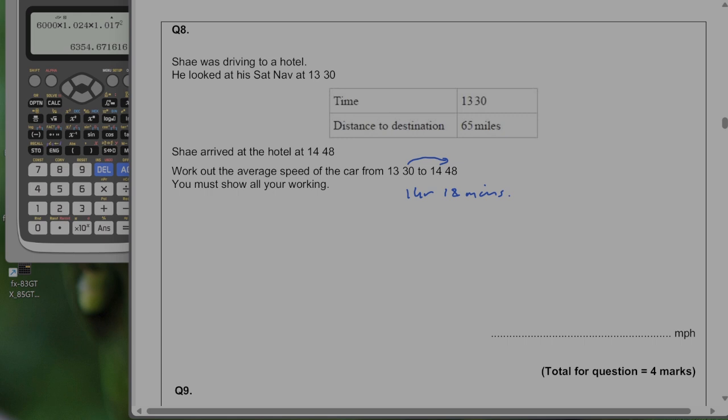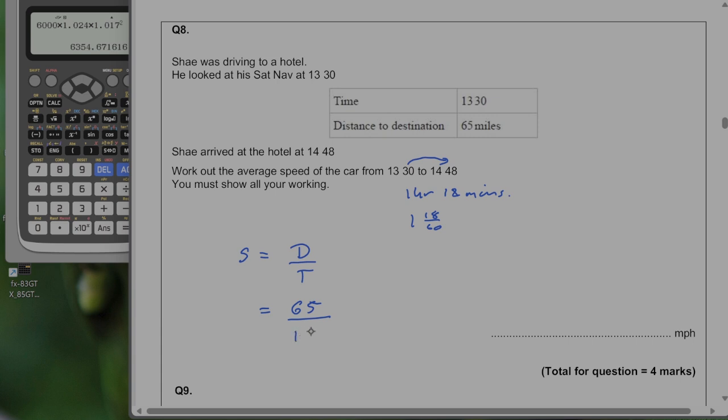So if we want his average speed, speed is equal to distance divided by time, but we need our time in hours. So that's actually 1 and 18 out of 60, because there are 60 minutes in an hour, and that's just the real nice simple way of doing that. So we've got a distance of 65 divided by a time of 1 hour and 18/60ths.